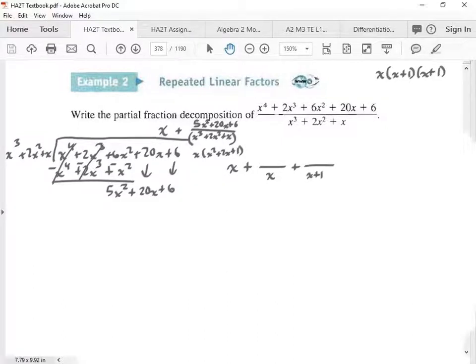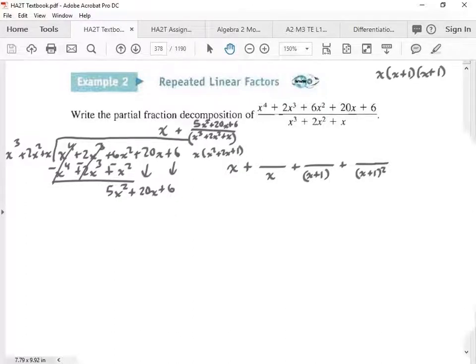But wait a second, there's 2 x plus 1s. Yeah, and that's the weird part. You're not just going to do x plus 1 again. You're going to go x plus 1 squared. Whenever you have something that has a multiplicity of 2, you're technically writing it twice. You write it with a multiplicity of 1, and you write it with a multiplicity of 2. Okay? Here, this is just for the sake of conversation.